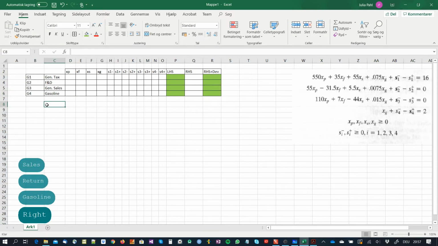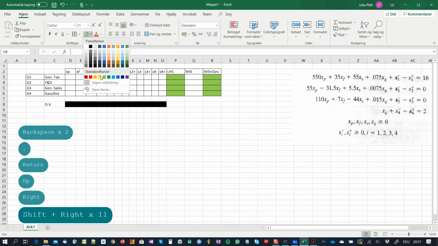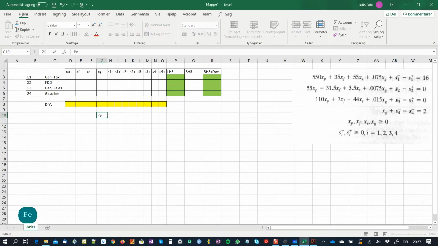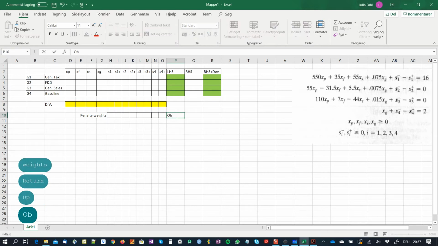Now we need our decision variables. That are the following. And we need now for the goals the penalty weights that are given for the deviations. Now the next thing we need is the objective.